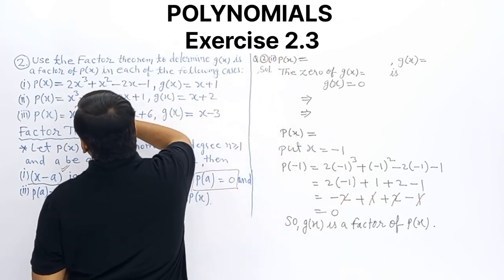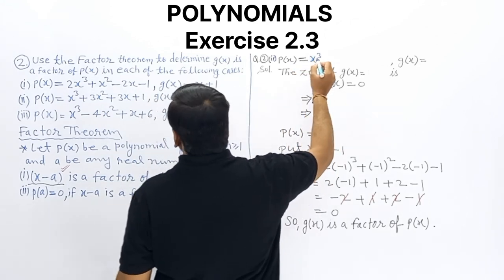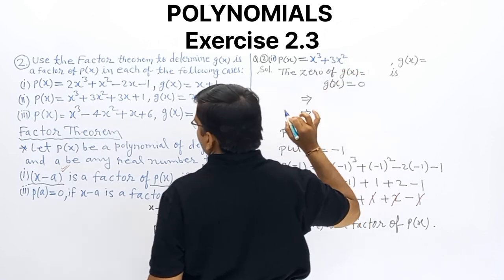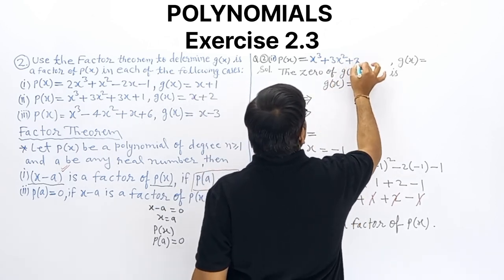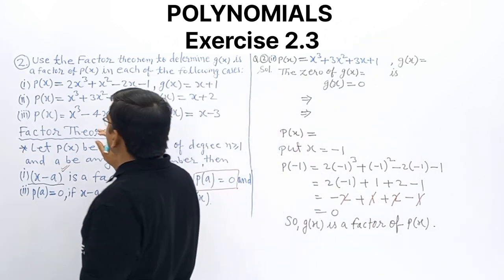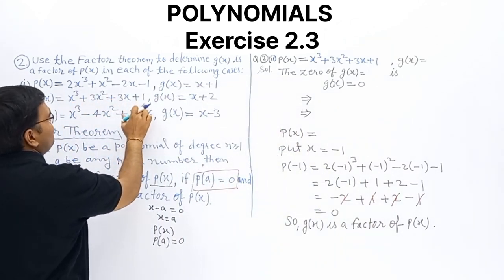What is the question? P of x equal to x cube plus 3x square plus 3x plus 1. Write carefully. X cube plus 3x square plus 3x plus 1.